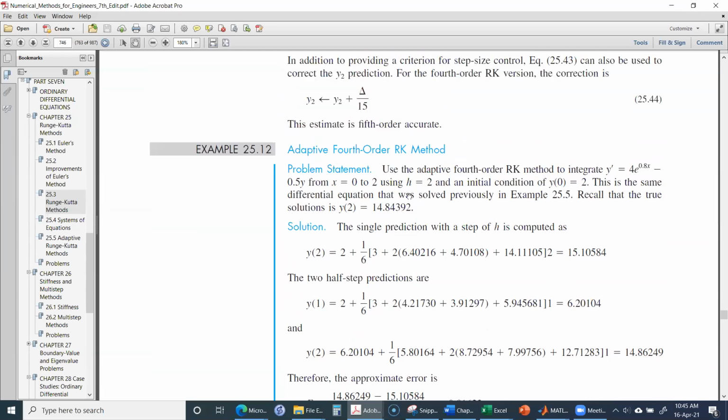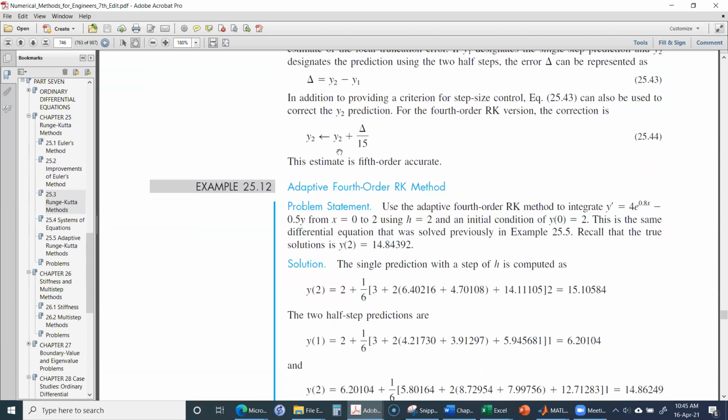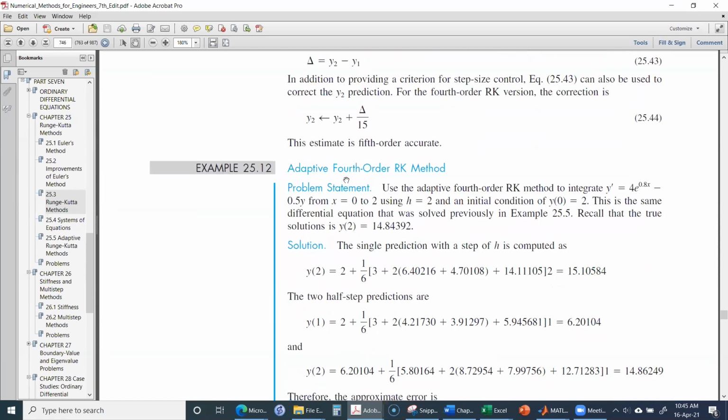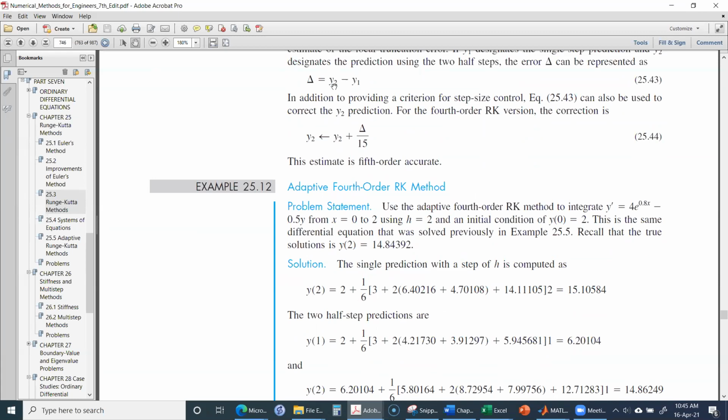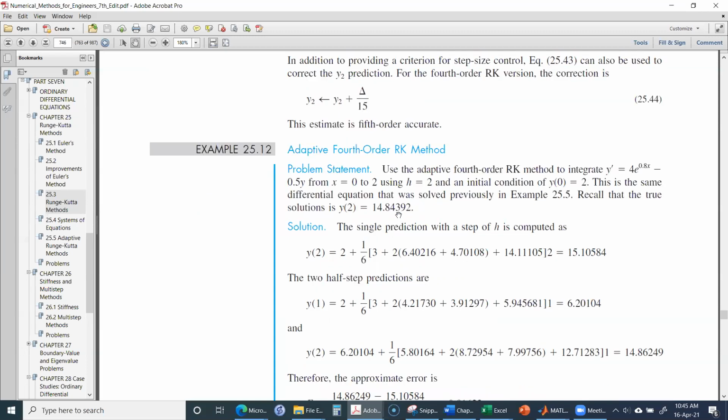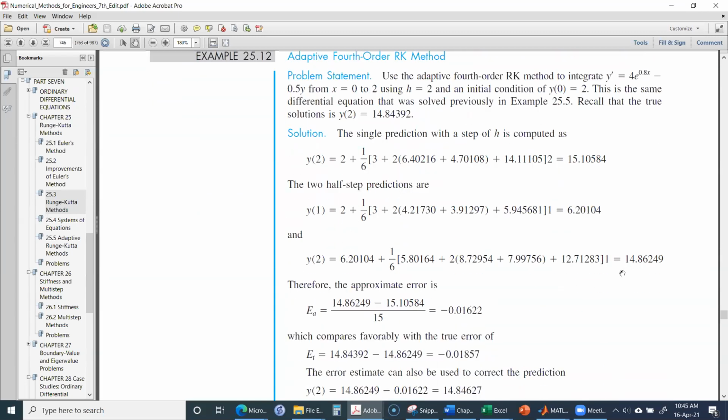But by our previous methodology, we can further refine and improve this value of y2 by adding the delta over 15 term, where delta is the difference between the y2 and y1 values, that is, the value from the single step and the value from the two half steps. So we take the difference between these two values, 14.86 minus 15.1, and then divide by 15.